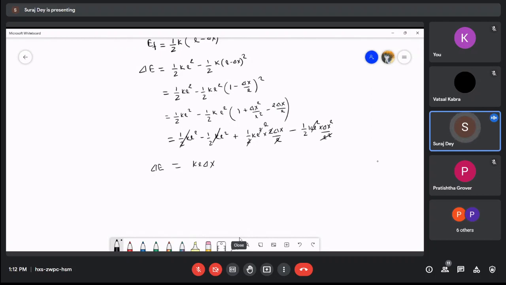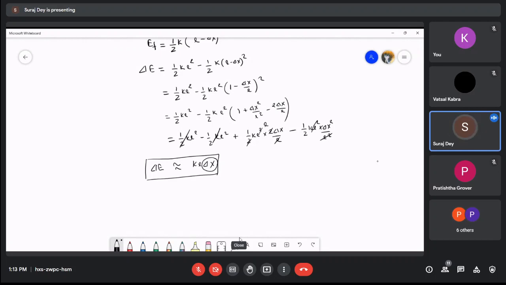It is a second order term, and if delta x is a small quantity, then this won't matter. This will be something very small. So then the energy loss approximately is k L delta x, and it depends on the decrease in amplitude.